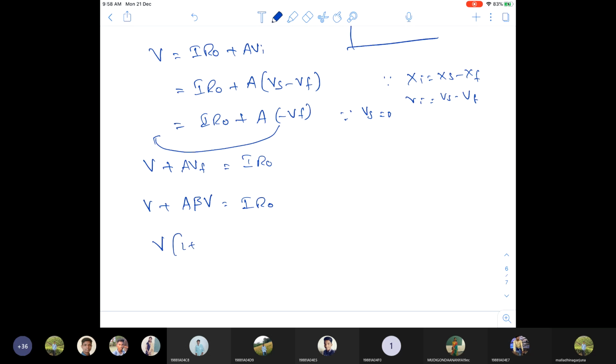Taking V as common, V into 1 plus A beta equals I into R naught. So V by I equals R naught by 1 plus A beta. That implies V by I, which is R naught F, equals R naught by 1 plus A beta.